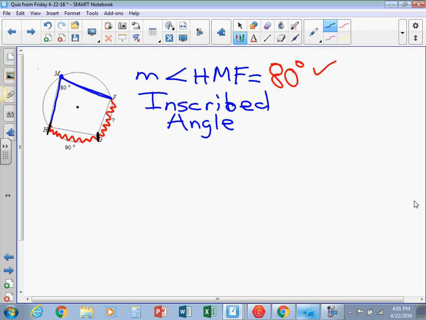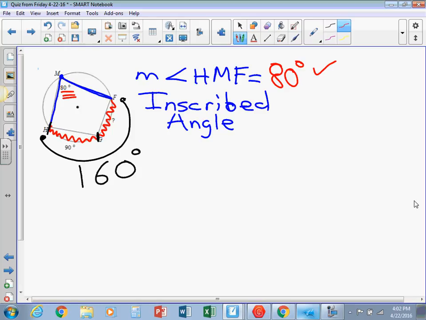I know that this entire arc from H all the way over to F is going to be, well, 80's been cut in half, y'all. Again, 80 is an inscribed angle. This number had to be cut in half of whatever that arc was. To work backwards, if that number's been cut in half, I'm just going to double it. So if I double it, I know that this entire arc was 160 degrees.